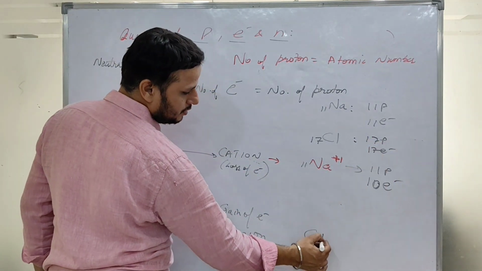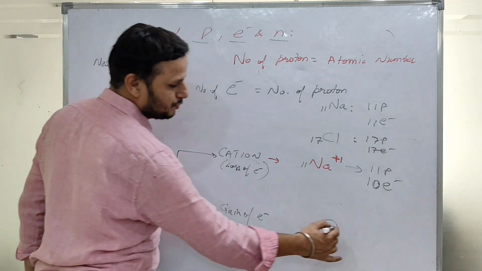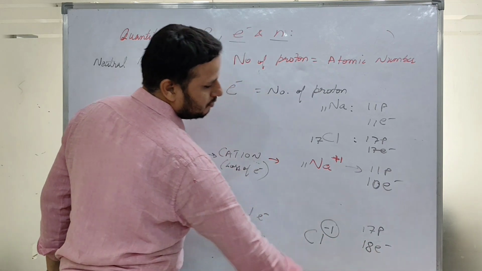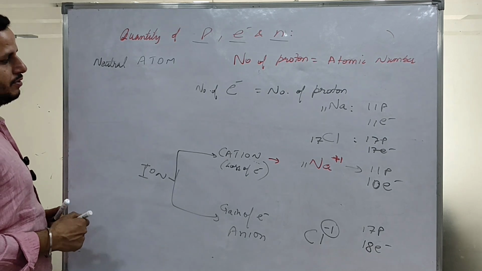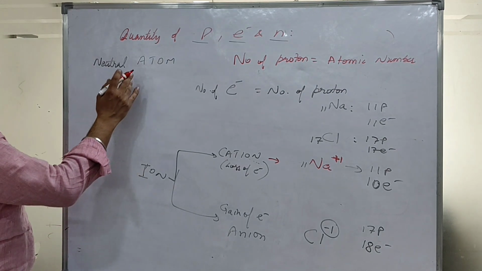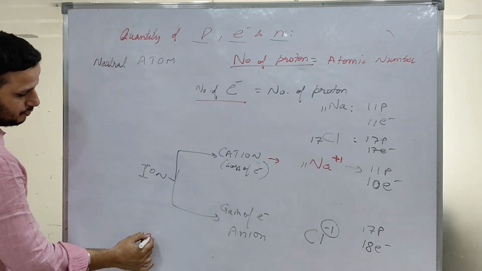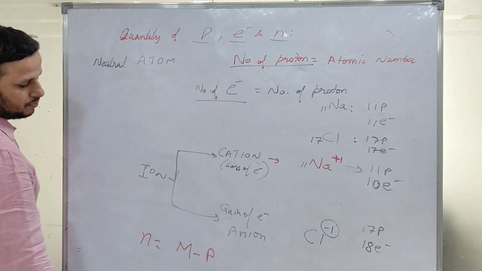But chlorine ion is formed by gain of 1 electron. So chlorine ion contains 17 proton and 18 electron.